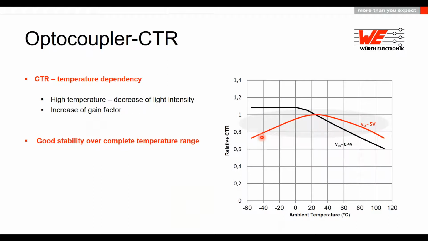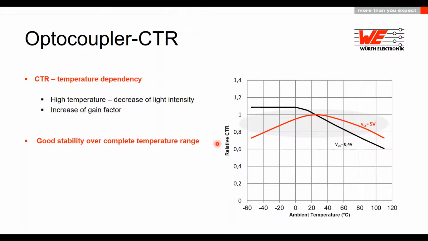The second point is, as I told you, one of our requirements in the beginning of the webinar was that the component must be stable. And a stable component is also characterized by the fact that it works very well at different temperatures. In this diagram, we cover the temperature from -55 degrees to 110 degrees, and we can see that the behavior is really stable over the whole temperature range.